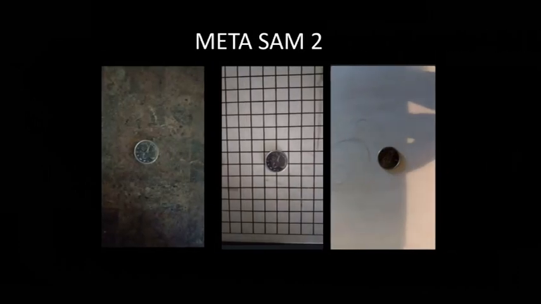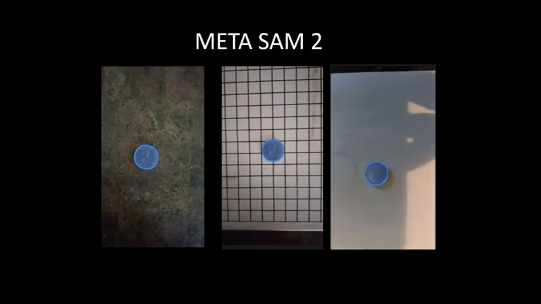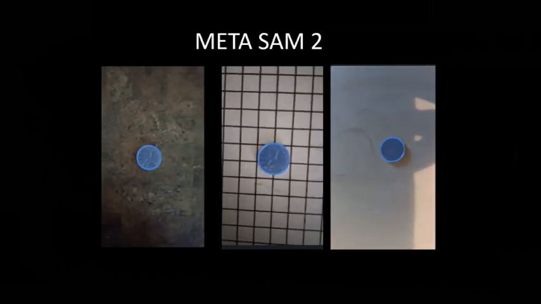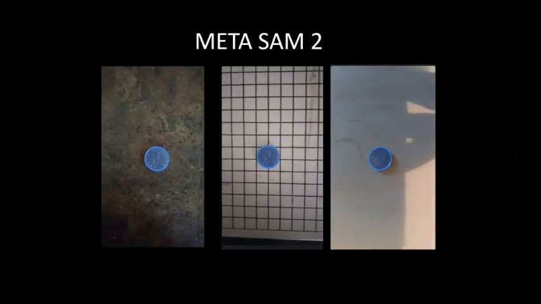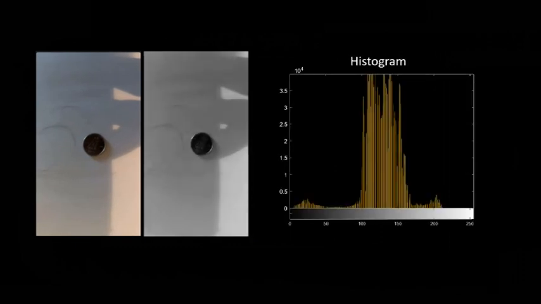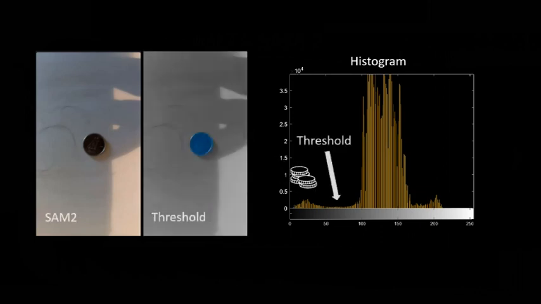Here is another example where we will be tracking the coin in three different backgrounds. As you can see, the first two are a little bit more challenging than the last one. Let's focus on the last video. We will be converting the frames into grayscale images. If we compute the histogram of one of them, we can see that the pixel values of the coin are mainly black when compared to the background.